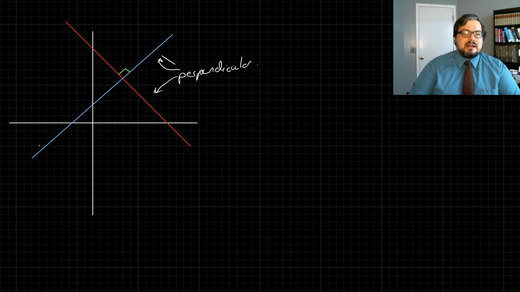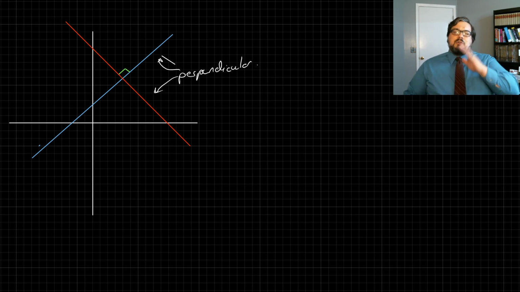We can take a couple of examples though. So it turns out that a line with a slope of 1, having a slope of 1 means that for every unit you move to the right on x, you move up by exactly that same amount on y. So a slope of 1 essentially goes up at a 45-degree angle.